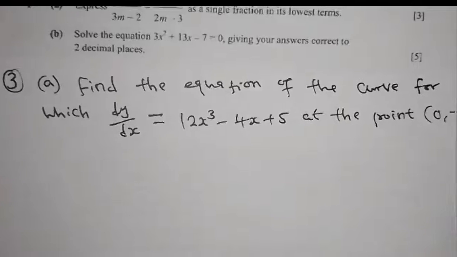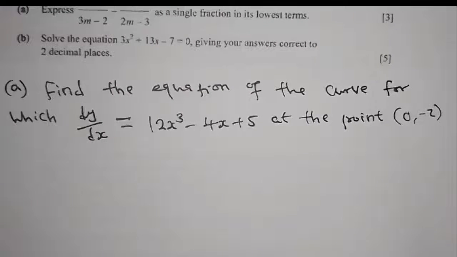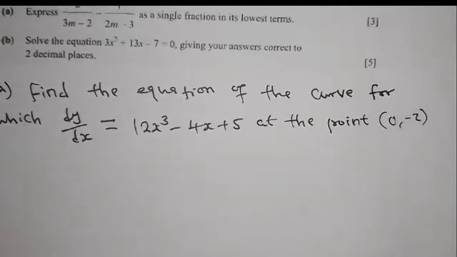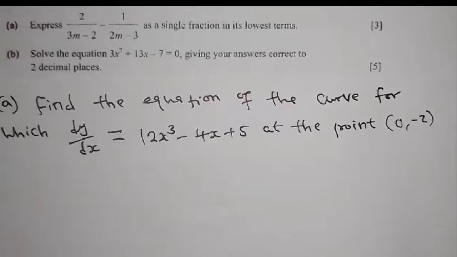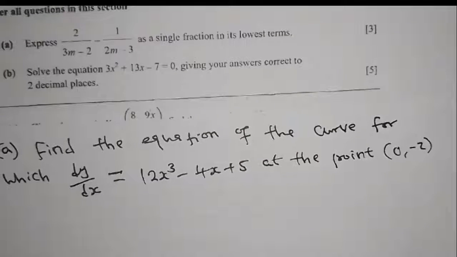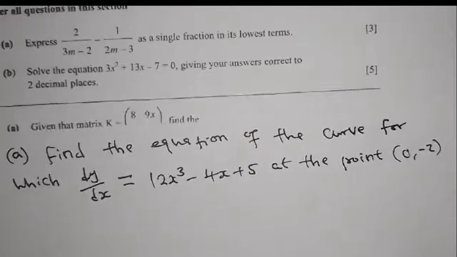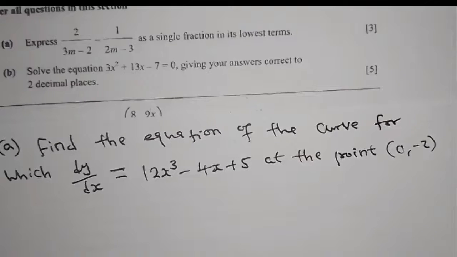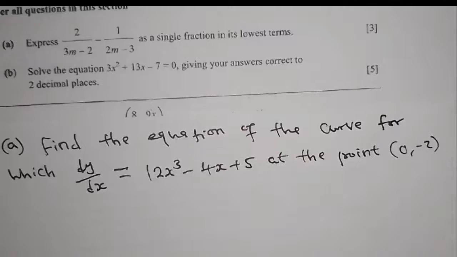Now, when you look at this question, question 3A, calculus, it's something that we have done. If you want to understand more about calculus, I encourage you to go to my channel and search for mathematics, or go for the playlist of mathematics and then calculus.